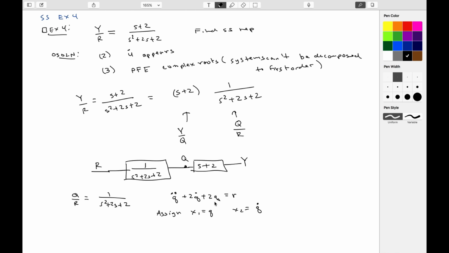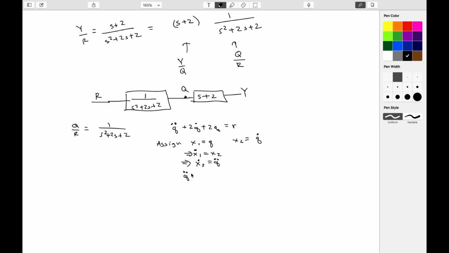And what that means is that x1 dot is equal to x2. And it also means that x2 dot is equal to q double dot, which I can solve for.